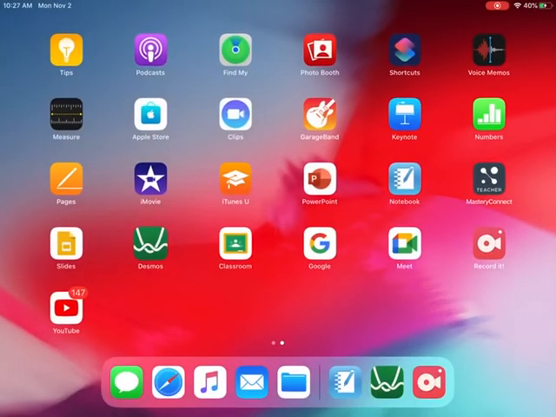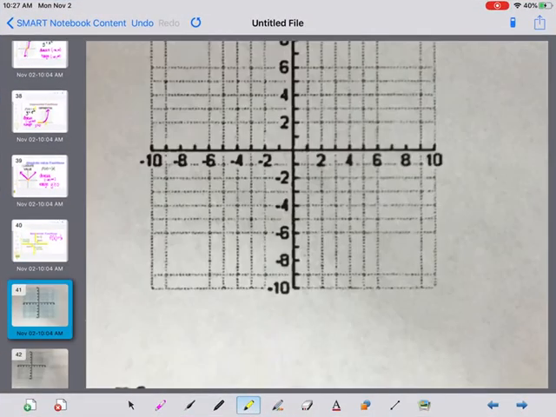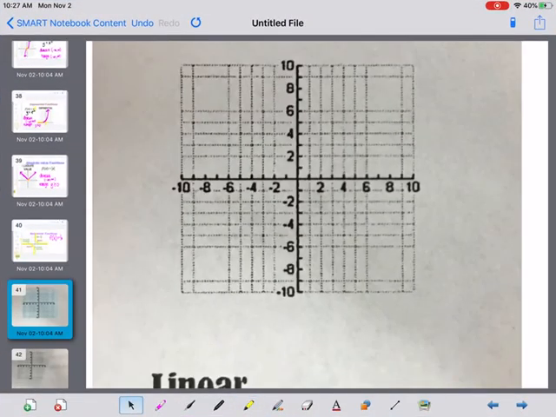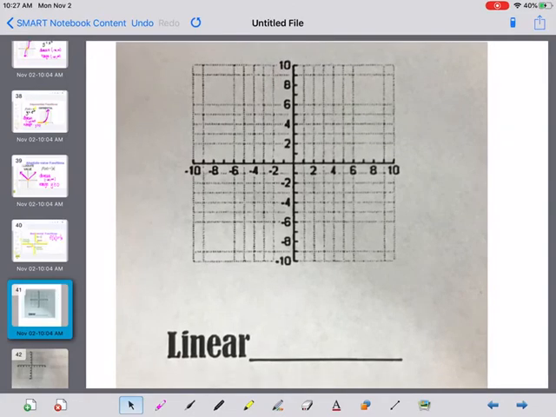Okay, so on your worksheet today, I'm going to do a few of these with you. Let's go back to your worksheet. It says, write the equation for each parent function and then sketch the graph. So if we had a linear parent function, what is my graph going to look like?